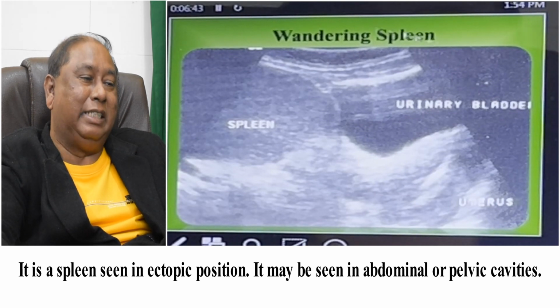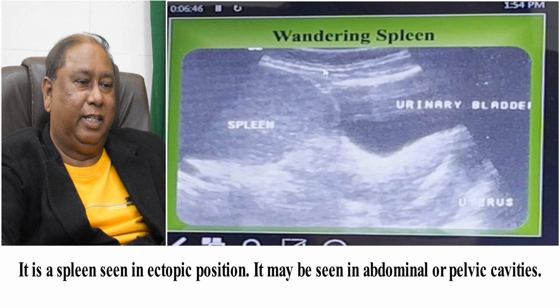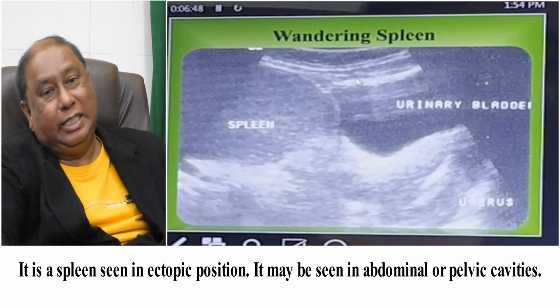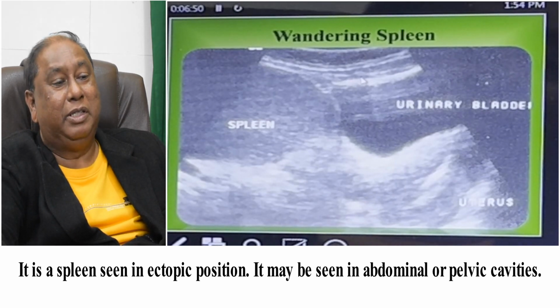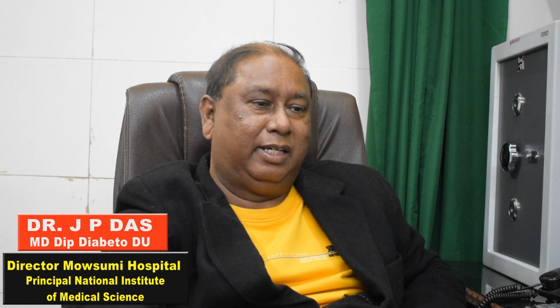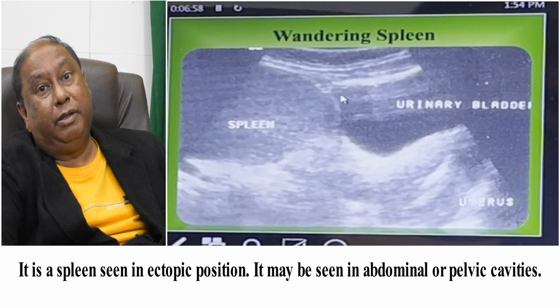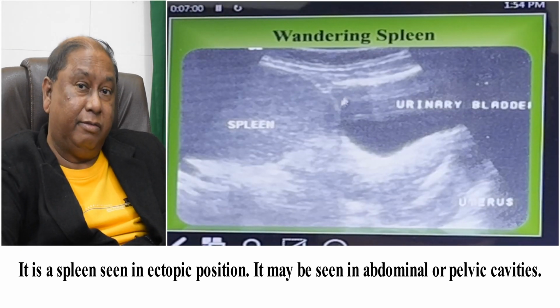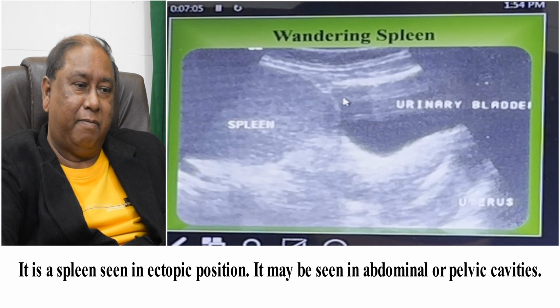Now, wandering spleen. It is when you see the spleen in an ectopic position. It may be seen in the abdomen, in the pelvis, but it is spleen.